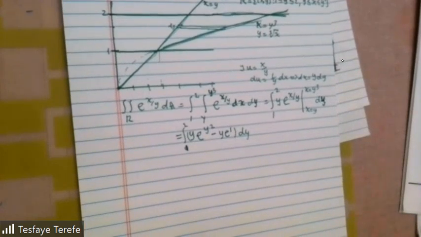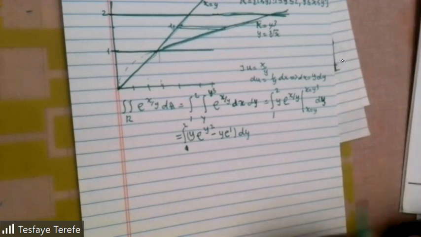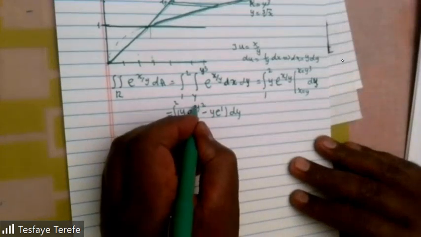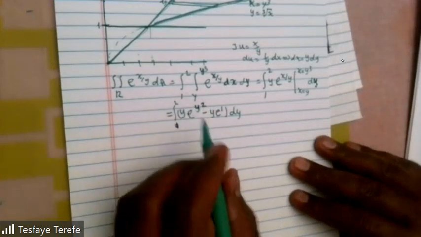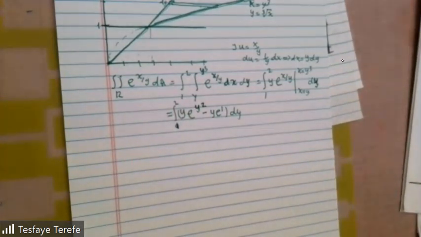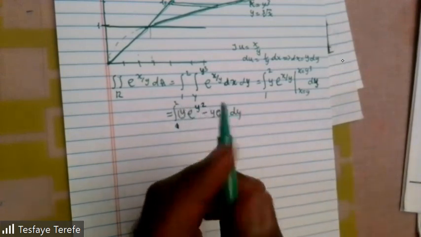Okay, well, then now what happened? The good thing is this integral is also simple. We can use u substitution. Let u be y squared, and du is going to be 2y dy. Therefore, y dy is going to be 1 over 2 du.